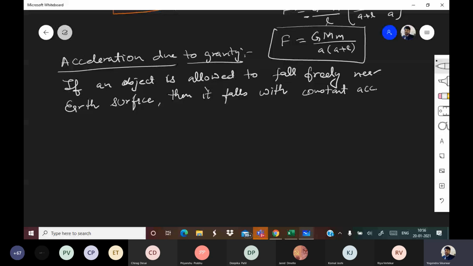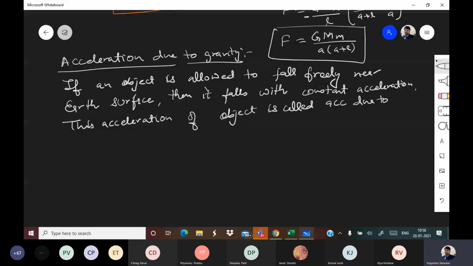This acceleration of the object is called acceleration due to gravity. And there is a symbol for it, small g.